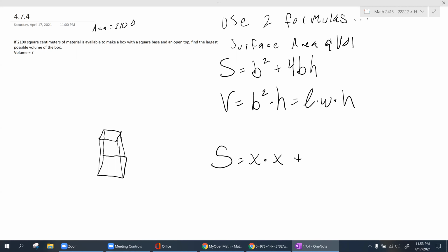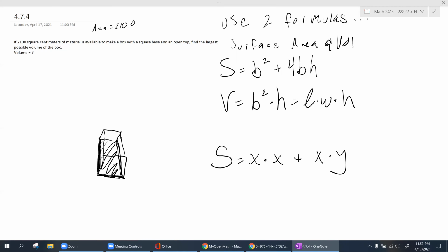Plus, not only do I have the same base again, let's say of unit x, but if I look at the face of this side of the box, it is that base times this height, and let's call the height y. So times y. How many faces of these do I have in this box?